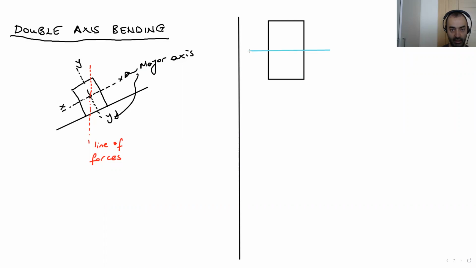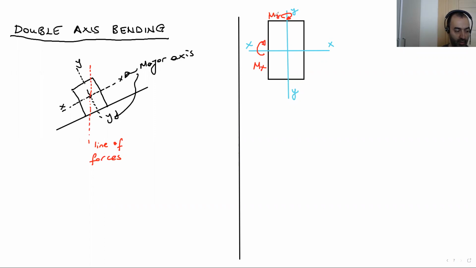This is the X, and this is the Y. Here we have a bending around x-axis, Mx, and the other one is around the y-axis, My.